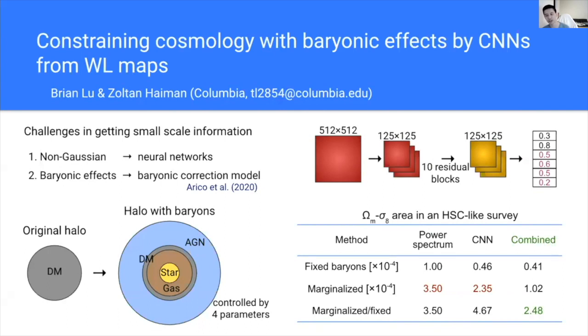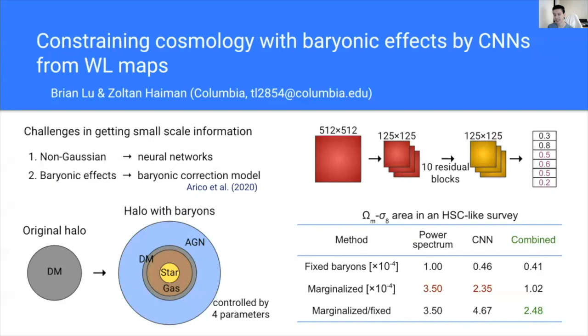And the second conclusion is when we check the green number, the marginalized over fixed ratio is only 2.48 for the 2 methods combined. So this number is lower than either of these 2, which means the degeneracy between cosmological and baryonic parameters is different for power spectrum and neural network.